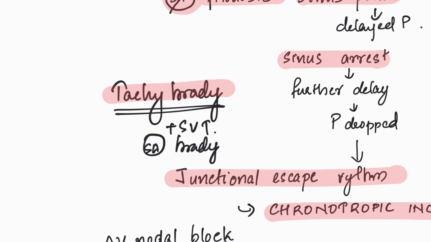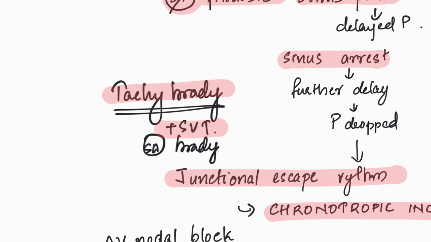So, these patients will develop supraventricular tachycardia. There will be a phase of supraventricular tachycardia which suddenly stops, and then the patients will have bradycardia. So this is alternating tachycardia and bradycardia in the same patients, and usually the patients will have syncope when they develop a spontaneous conversion from atrial tachycardia like atrial fibrillation to sinus rhythm, which is actually bradycardic. This is what we call tachy-brady syndrome.